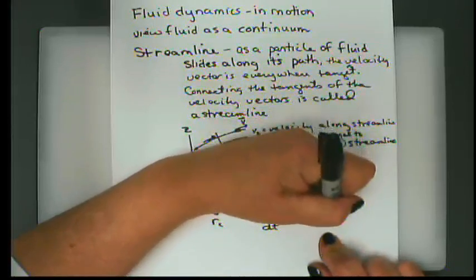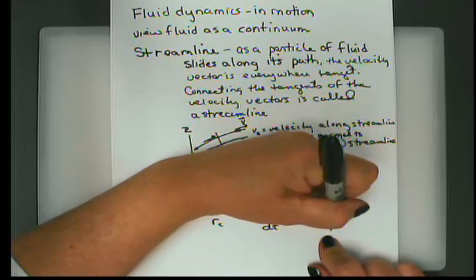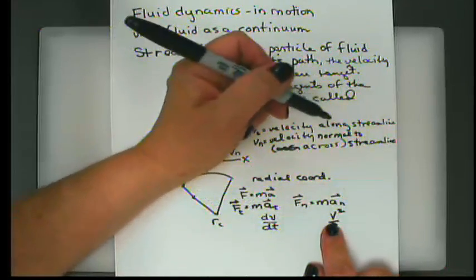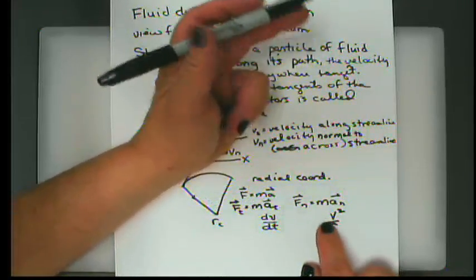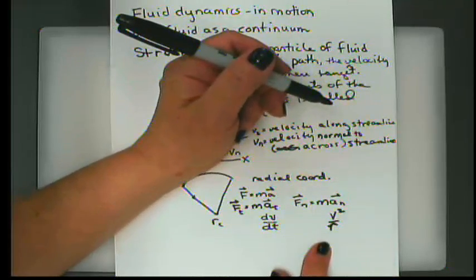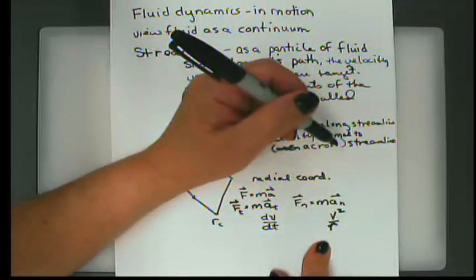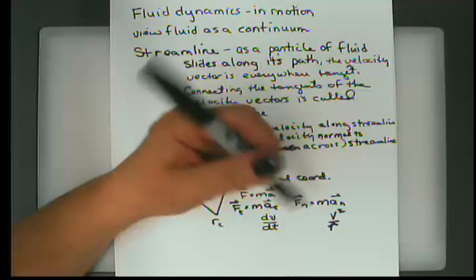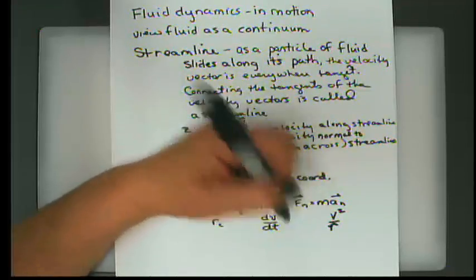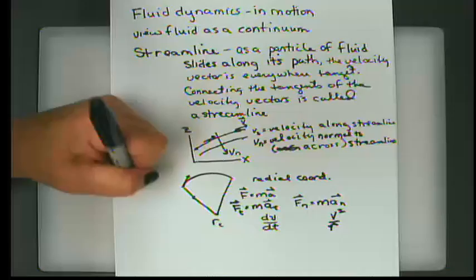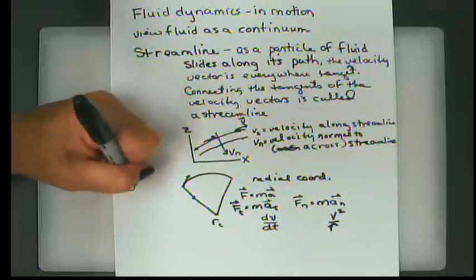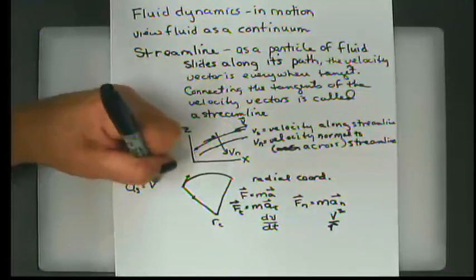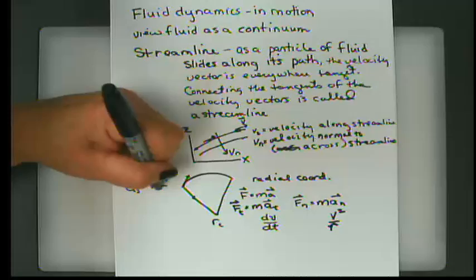Instantaneously, that was equal to v squared over r, where v is the speed of the particle, the magnitude of the velocity, and r is the radius of curvature. We can also say, in this case, that the acceleration along the streamline is equal to the velocity times dv ds, which is another expression of this.